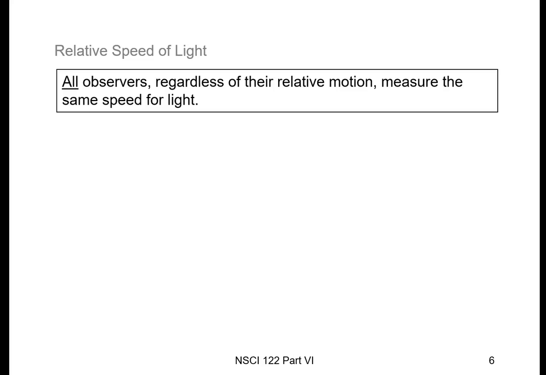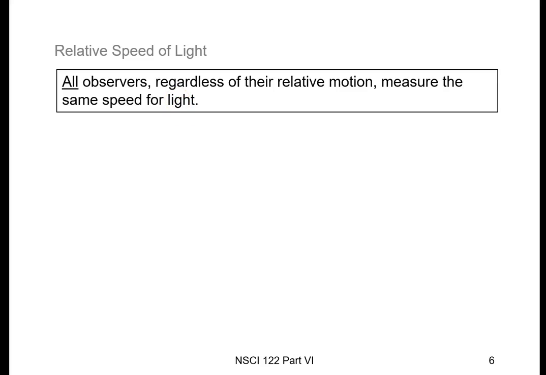All right, so a very long story made short. What Einstein finally concluded is very strange, but what he concluded was all observers, as you see in this box, all observers regardless of their relative motion, measure the same speed for light. And this is only true for light.